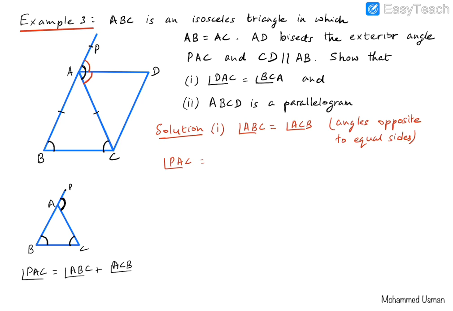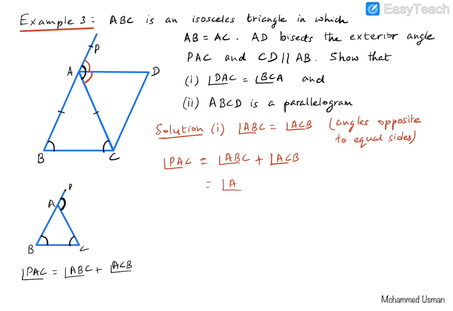Angle PAC is equal to angle ABC plus angle ACB. And since angles ABC and ACB are equal, we can write this as 2 times angle ACB. Let me write that one extra step here.